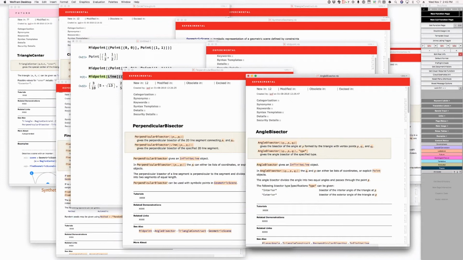What's the default? Interior. Okay. I have that in properties and relations, but no, that's not good enough. You have to say it here. Okay. So should we say here that there's the internal bisector? Is that right? Say the bisector of the interior angle at P.